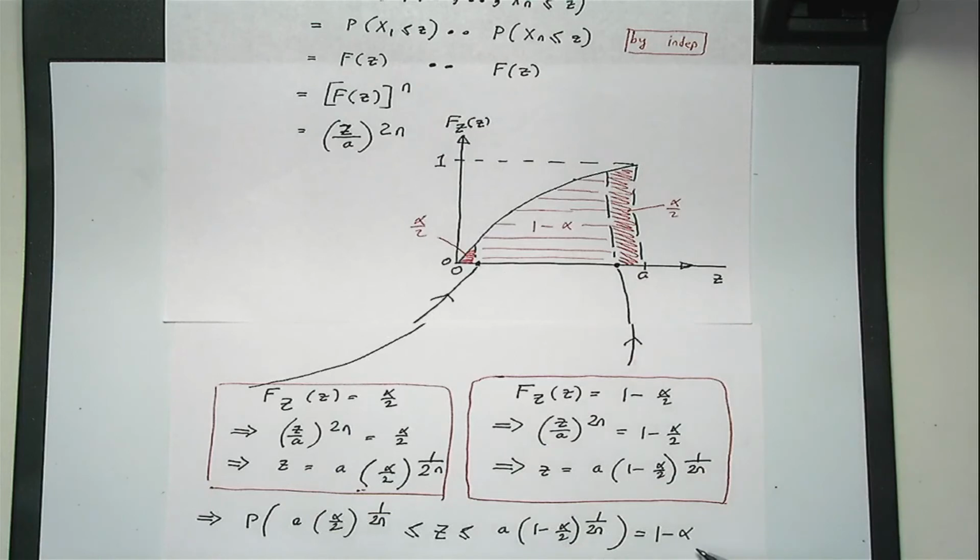Now, all we need to do is to convert this statement into a statement on A, because the question was to find a confidence interval for A, right? So that's what I will do now.